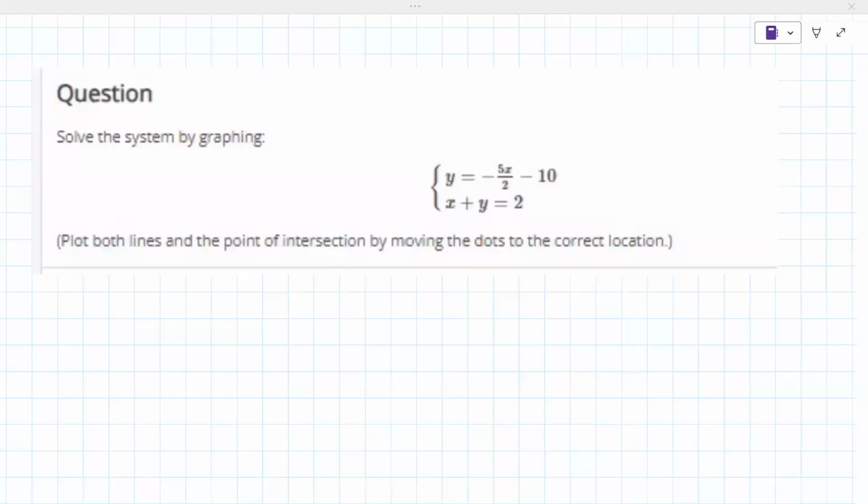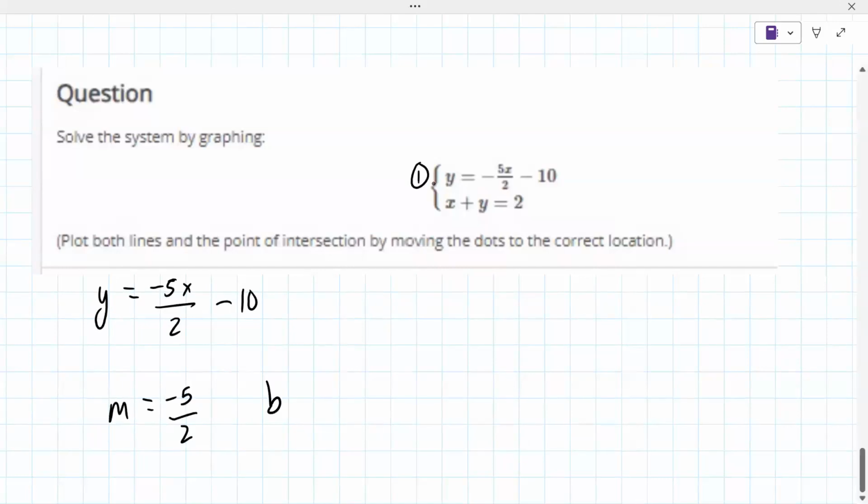All right. So the first thing is that in equation one here, y equals minus 5x over 2 minus 10. What is the slope of this equation? -5/2. And what's the b value? -10. All right, good.